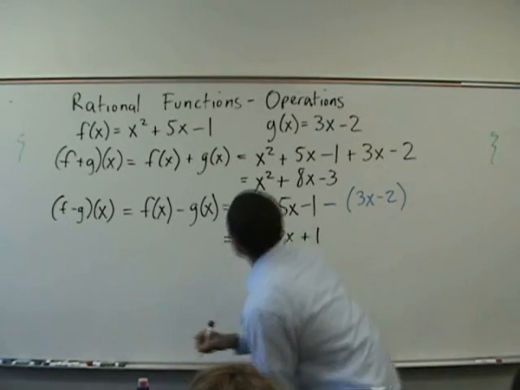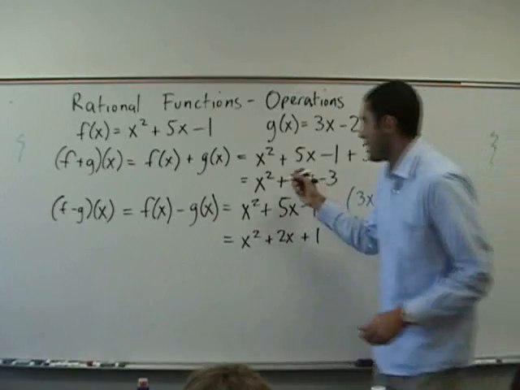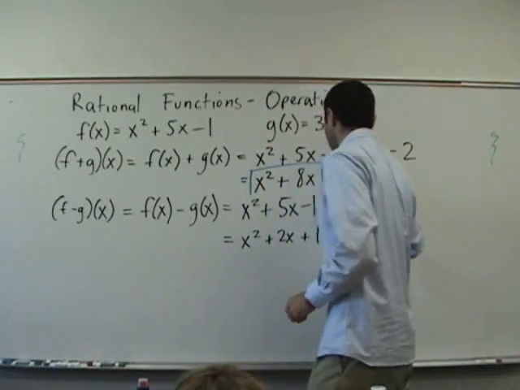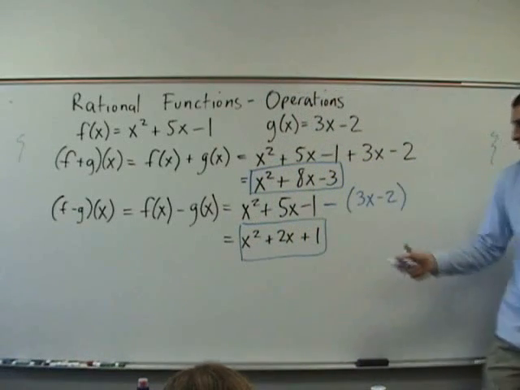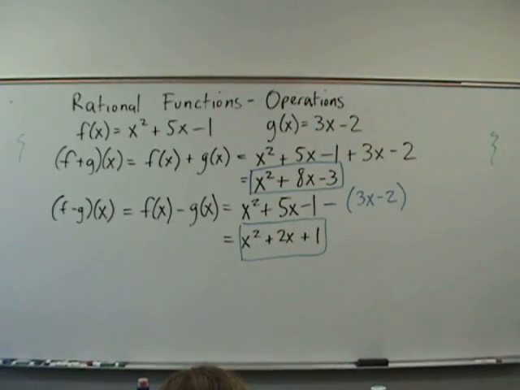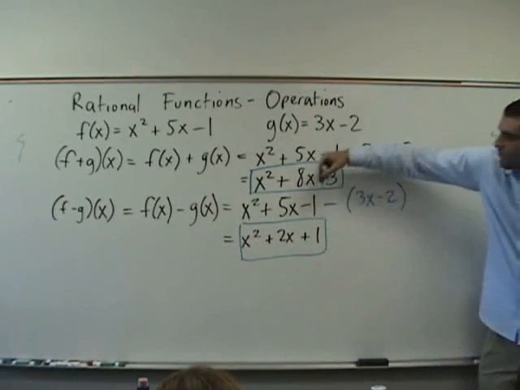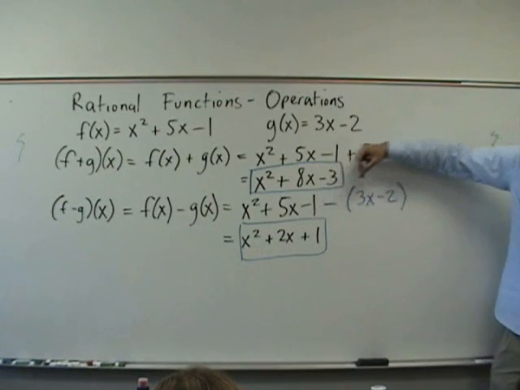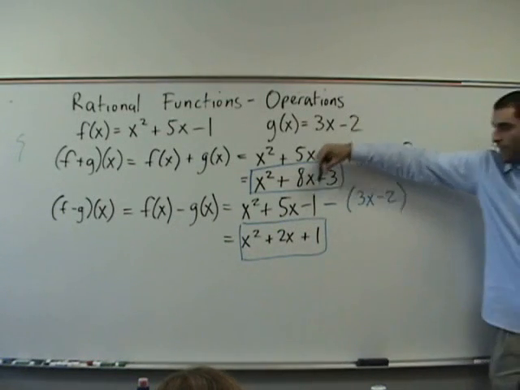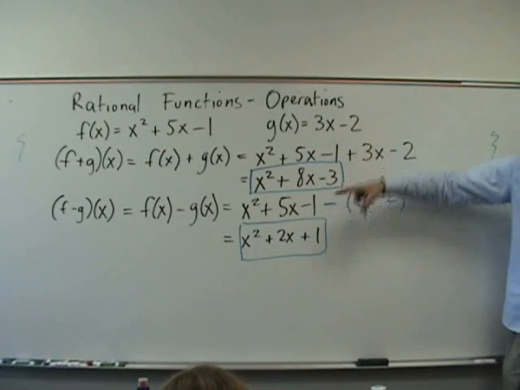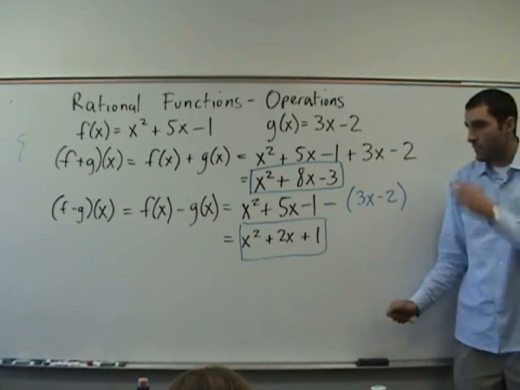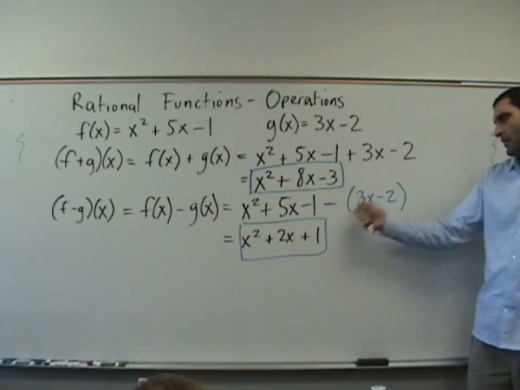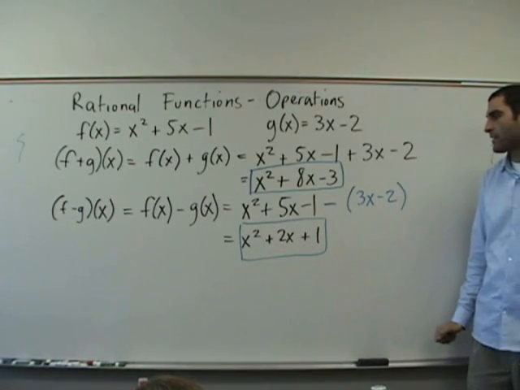So f minus g of x is x squared plus 2x plus 1, because it's negative 1 minus negative 2. Negative 1 plus 2 is 1. We could still write the second part, distributing like below, and then combine. You could do that. I'm jumping to the next step.